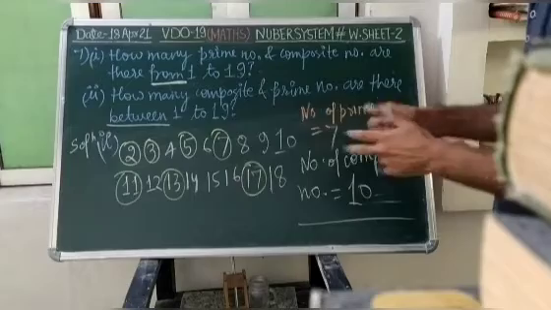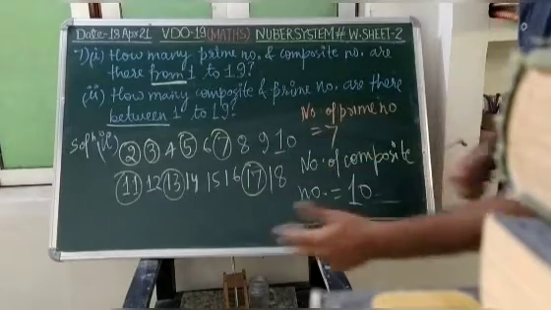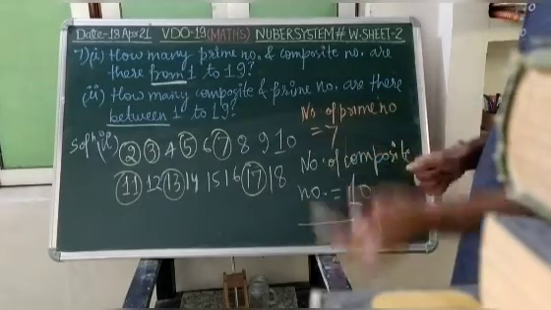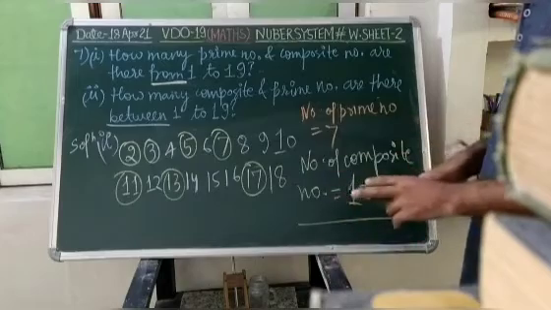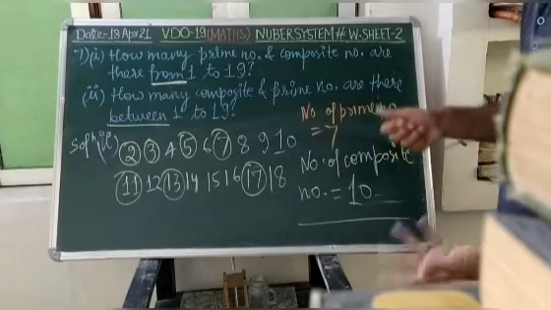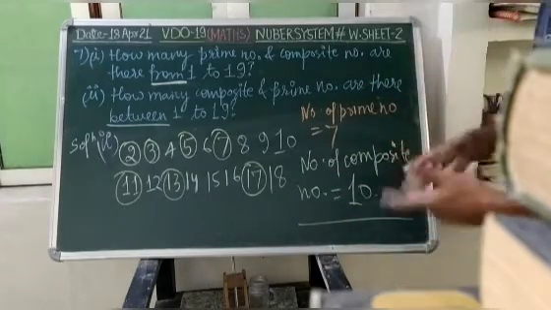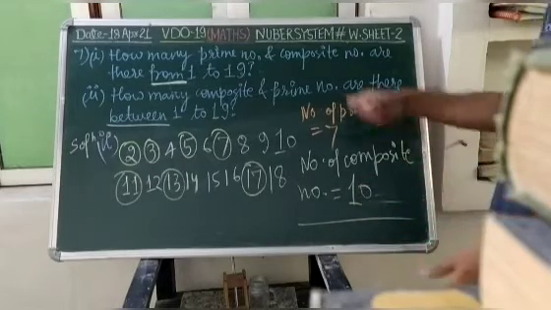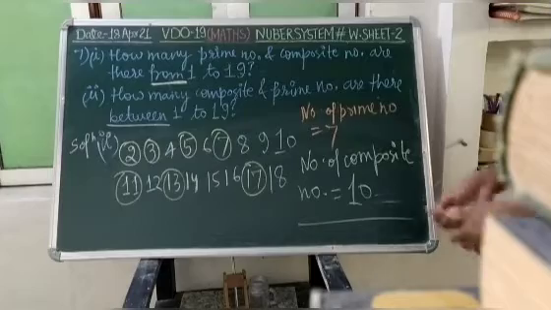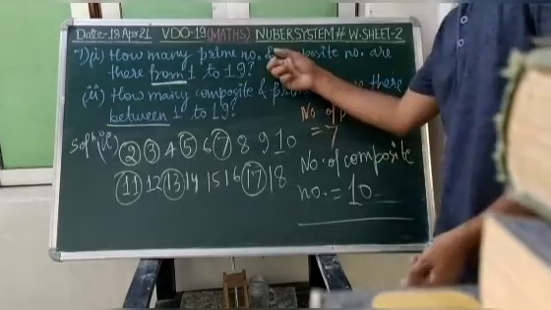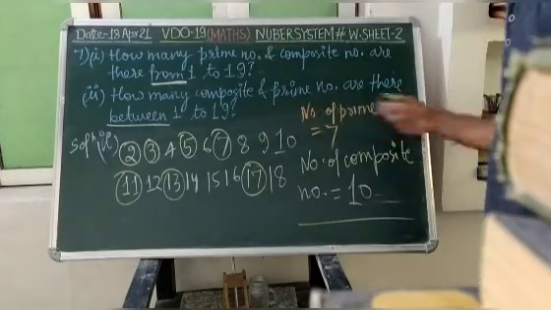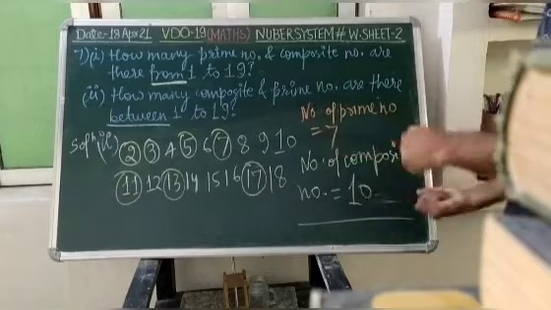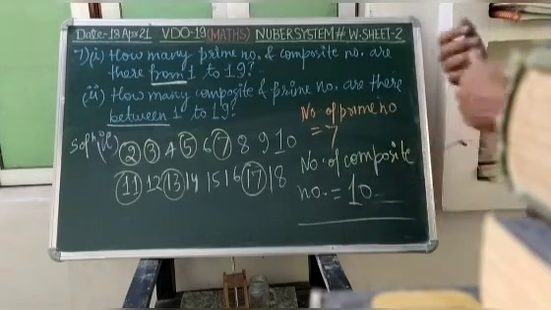From the numbers or between the numbers, the prime numbers came the same in both cases, but the composite numbers were different. But here you are looking that from the numbers and between the numbers, the prime numbers have changed and the composite numbers are coming the same.